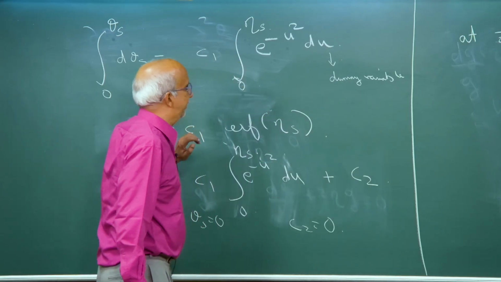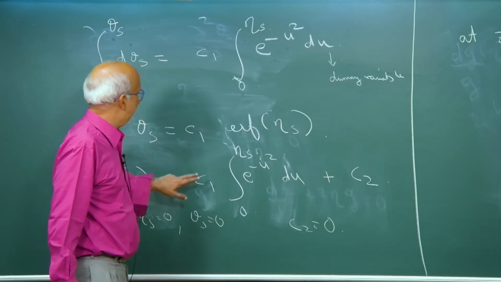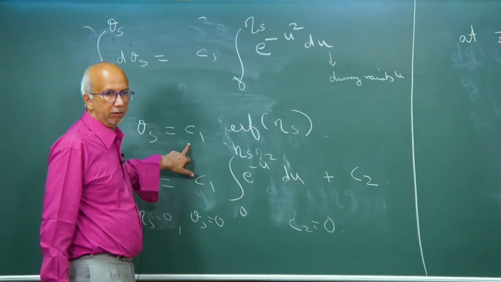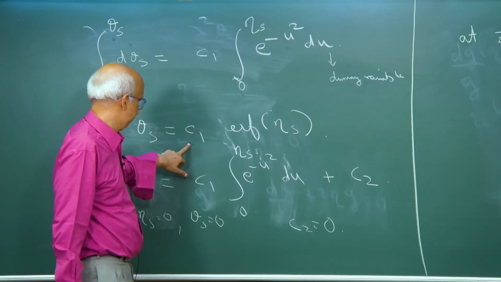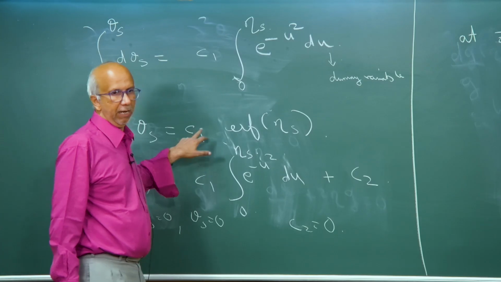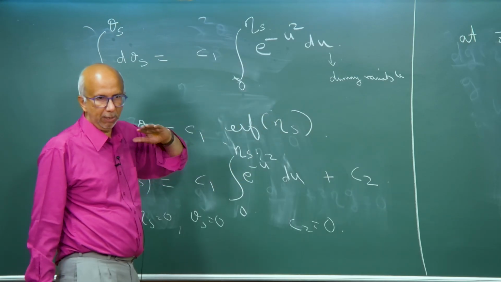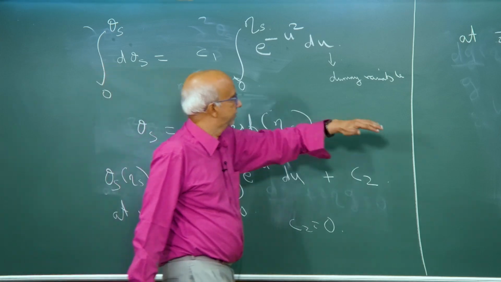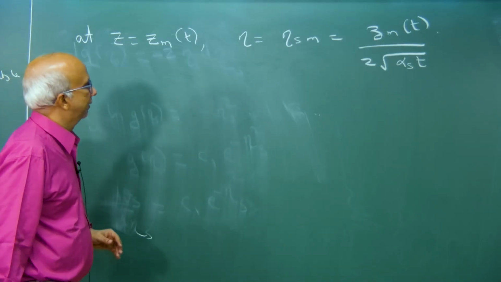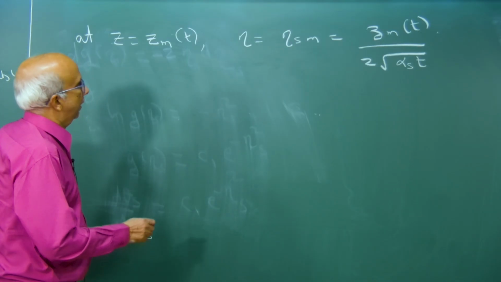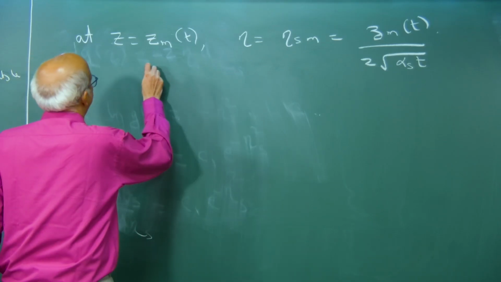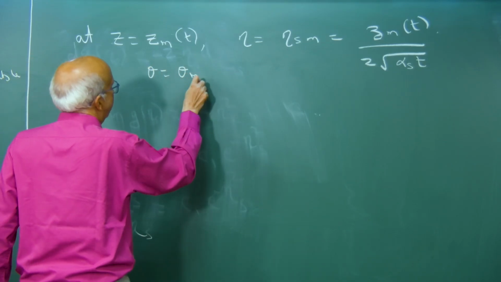So, what have I done here? I am trying to find this other constant, C1. I found C2 using the boundary condition z equal to 0. I am trying to find C1 using the boundary condition at the front. Here theta is equal to theta m, the melting point.